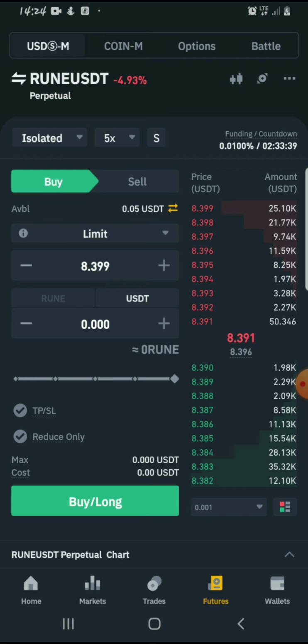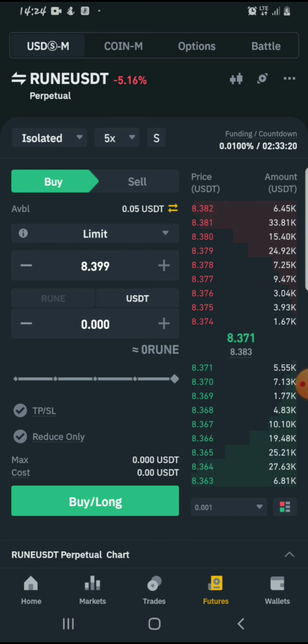That means if the price of RUN should move 3% positively, and I go long, I'm gaining 3% times 5, which will give me a 15% return on investment.